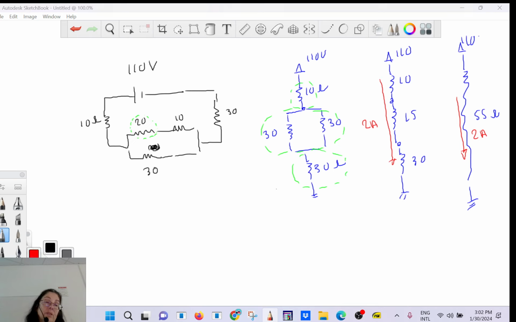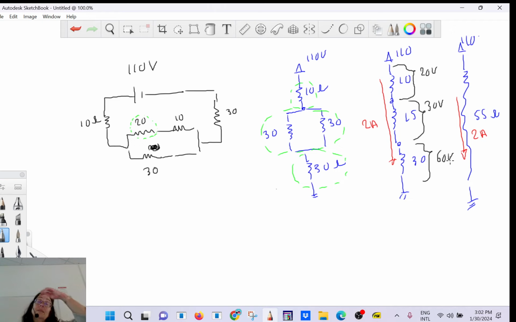So let's find the voltage drop. What's going to be the voltage drop here? 20 volt. What's going to be the voltage drop here? It's going to be 30 volt. What's going to be the voltage drop here? 60 volt. Yes?